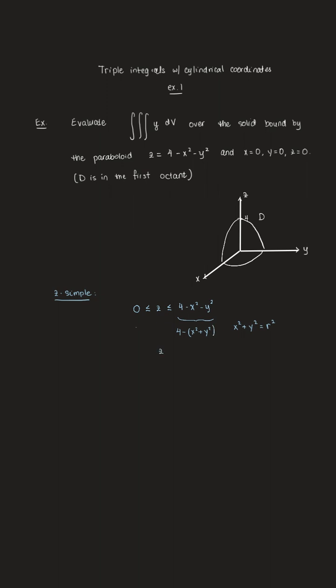So z will be less than or equal to 4 minus r squared, but greater than or equal to 0. The reason that we're doing this now is because our middle integral will be with respect to r, so we want the bounds of z to also be with respect to r.